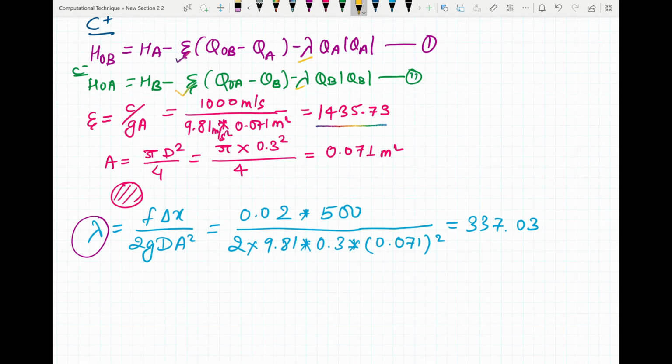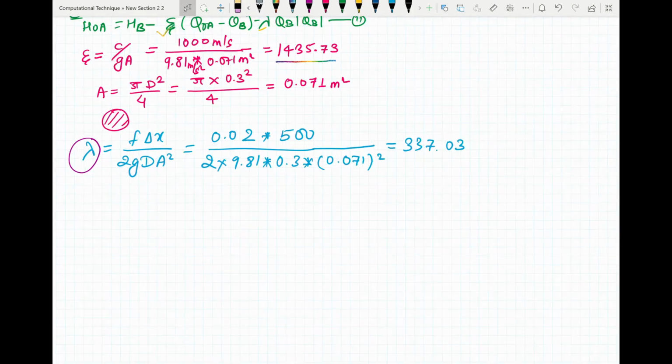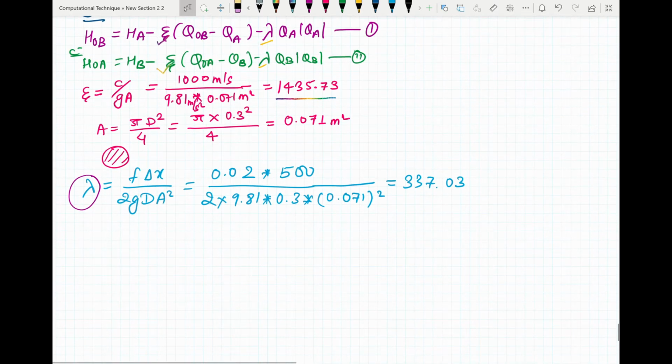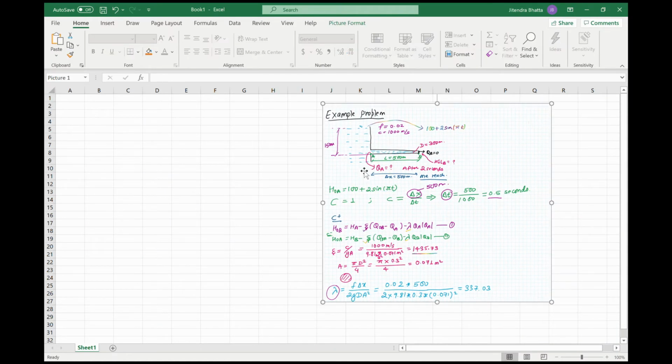So you'll have two equations which you have to solve simultaneously. I'll do this in the Excel sheet and upload the Excel sheet with this video so you can have a look at it. So this is our problem here.